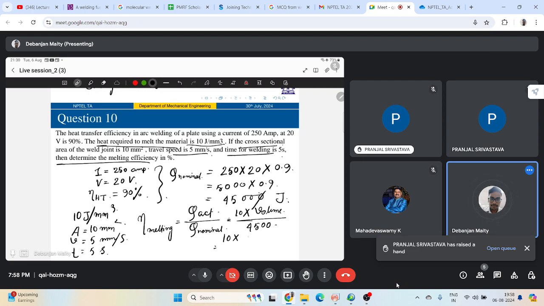So 10 into cross-sectional area, 10 mm square, into 5 mm per second, into time, which is 5. How much is this coming? 2,500. So 2,500 by 4,500. So this is coming as something around 55.5% melting efficiency.